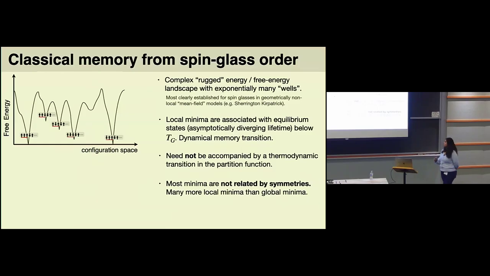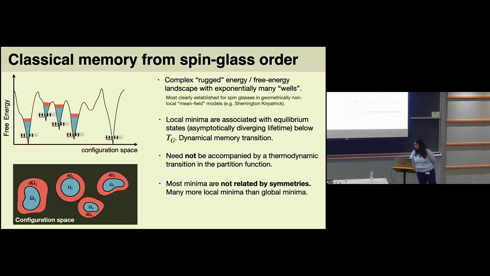The reason this is conceptually very distinct from spontaneous symmetry breaking is that most of these minima are not related by symmetries in the problem, and there are in fact many more local minima than global minima. Within the bottleneck picture, you can think of each of these wells as being associated with some bottlenecked subspace.